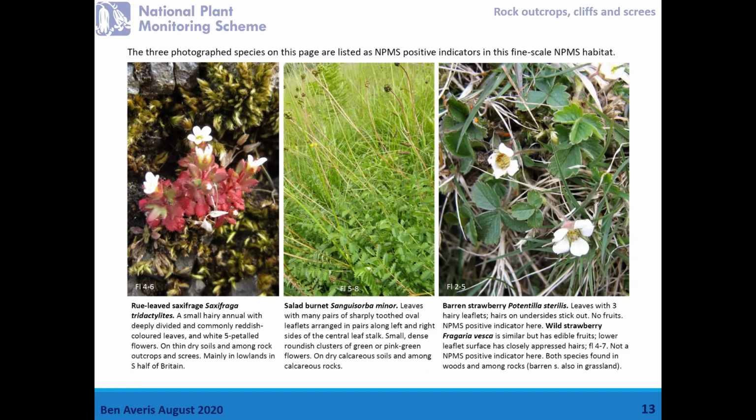In the barren strawberry there are lots of hairs that stick outwards, whereas the wild strawberry does have hairs as well, but they're so closely pressed to the underside of the leaflets that at first glance you might think it's not hairy. It looks quite smooth.